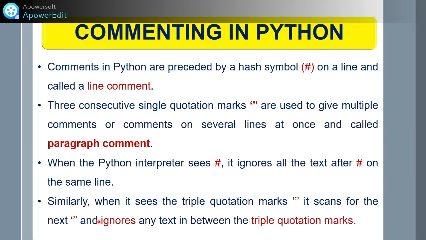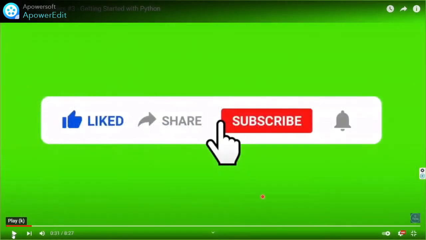Triple quote starting, triple quote ending, and in between there can be any number of paragraphs. It will not be considered for program execution. So friend, this is commenting in Python. We will see one demo for the programming.